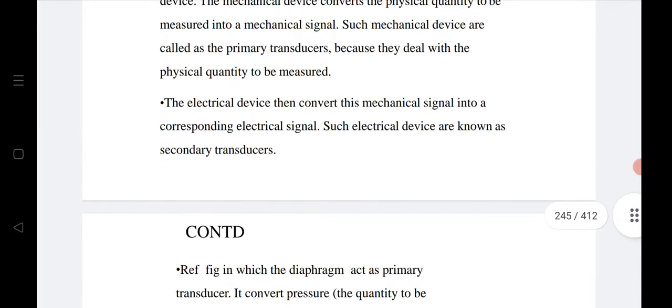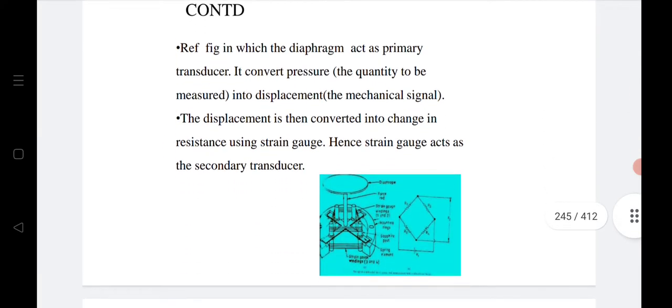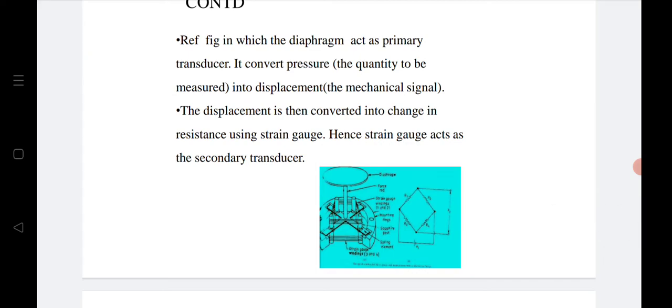Coming to the next one, here you see a diaphragm. The diaphragm acts as a primary transducer, which converts the pressure, the quantity to be measured, into a displacement, which is your mechanical signal. Now this displacement should be converted into an electrical signal.